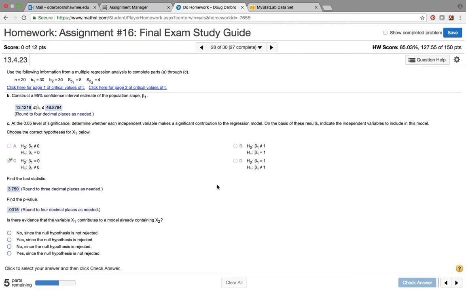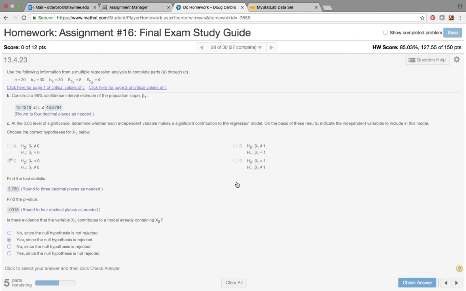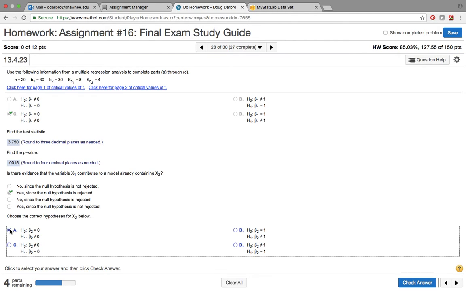Is there evidence that the variable x1 contributes to a model already containing x2? Yes, since the null hypothesis is rejected. Choose the correct hypothesis for x2. Well, that's going to be beta 2 equal to 0, beta 2 not equal to 0.